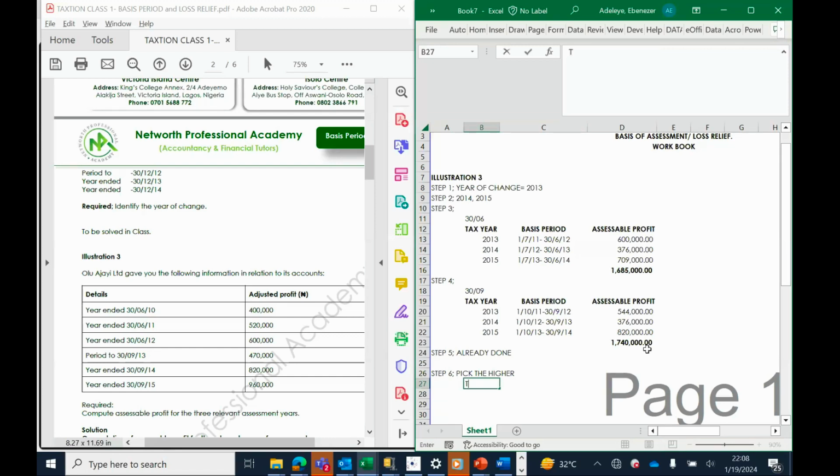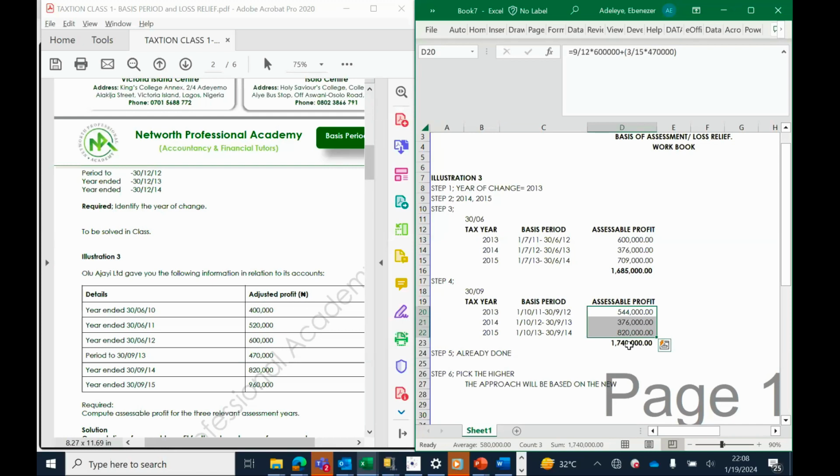So the approach will be based on the new. And looking at what the question asks us to compute, the question asks us to compute the accessible profit for the 3 relevant years. So what will be the accessible profit for the 3 relevant years? It will be this, because this gave us the higher accessible profit combined.